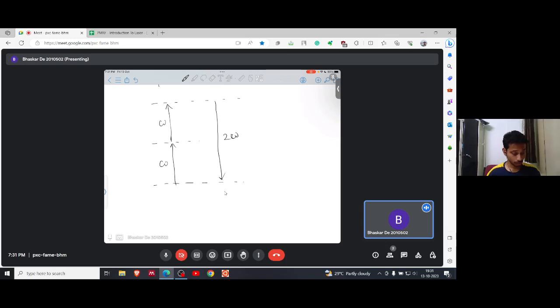So two photons of the fundamental input frequency omega are absorbed, so that is h bar omega, combining to produce an energy of 2 h bar omega, and then a single photon of 2 omega frequency is emitted.